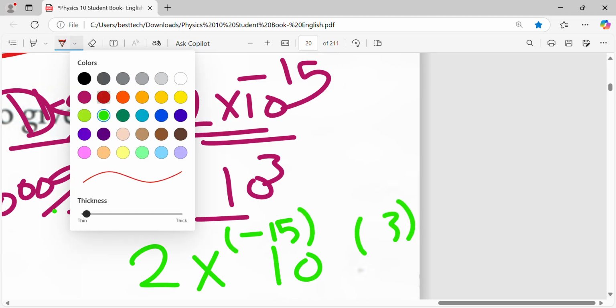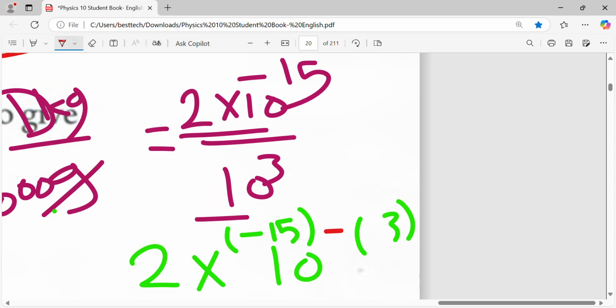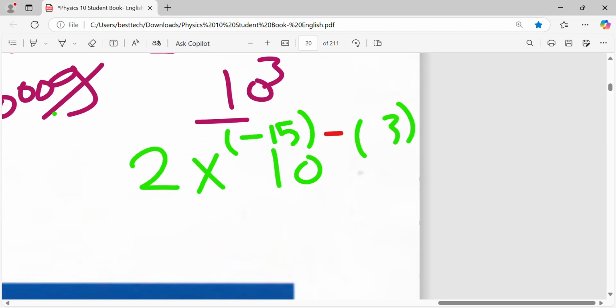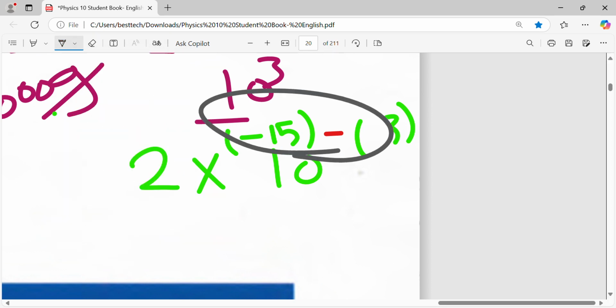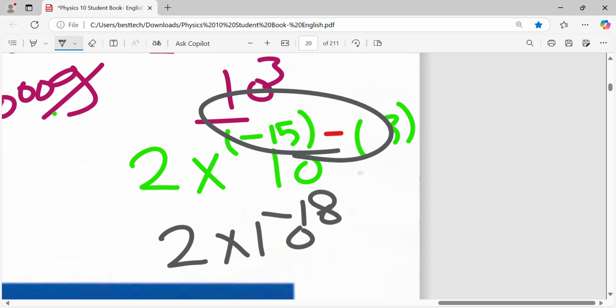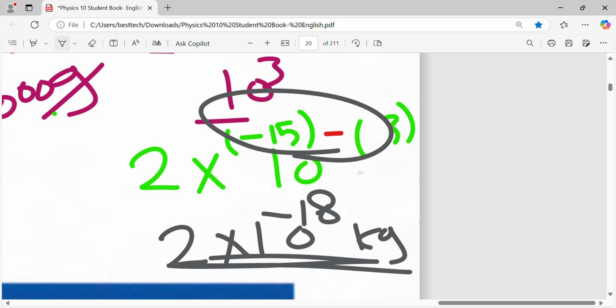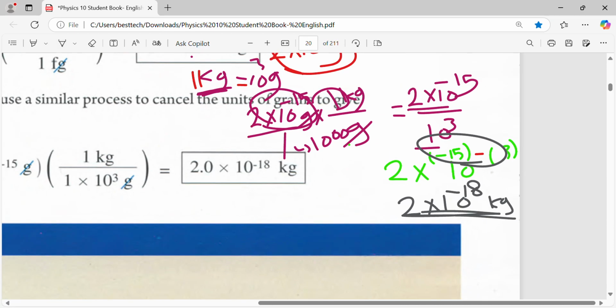Because they are divided, we minus it. So when you minus it, they have the same sign, right? So we add the number. So 2 times 10 power negative 18 kilogram. Look, 10 power negative 18 kilogram.